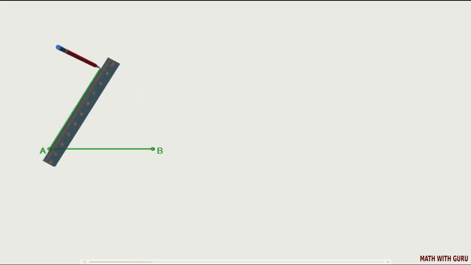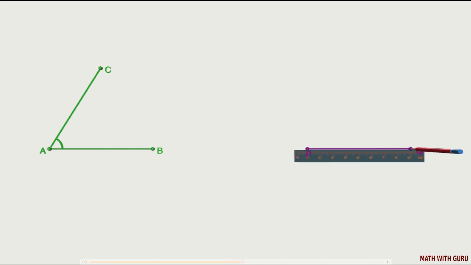Look at these two angles. Angle BAC and angle QPR. I am naming them in the same pattern. That is the first angle. Angle QPR is the second angle.